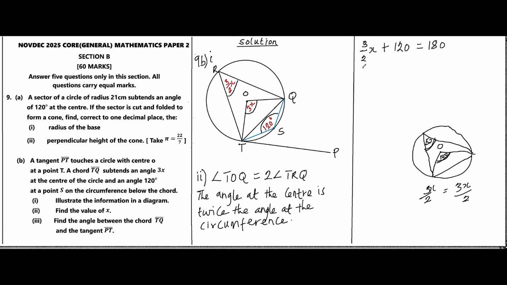The reason is that the opposite angles in a cyclic quadrilateral sum up to 180 degrees. So let's solve for x.